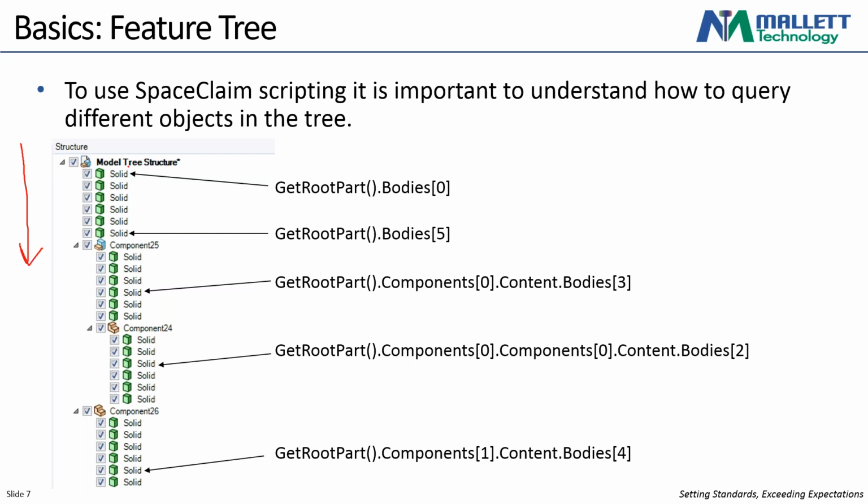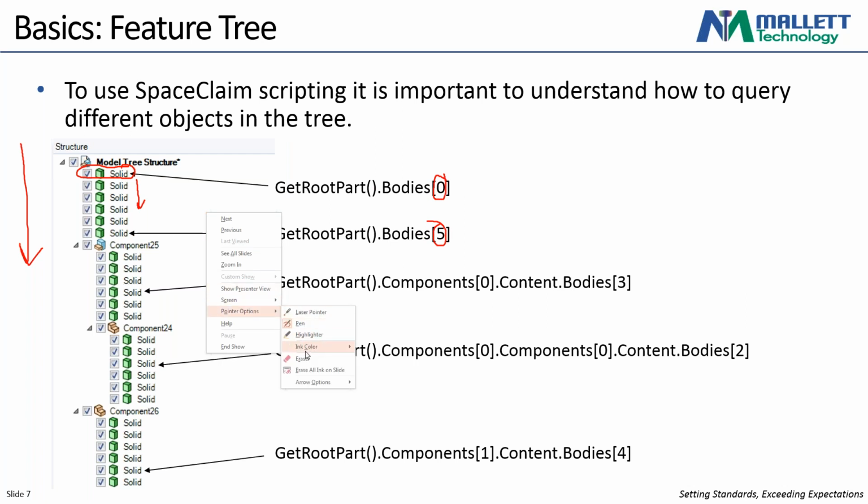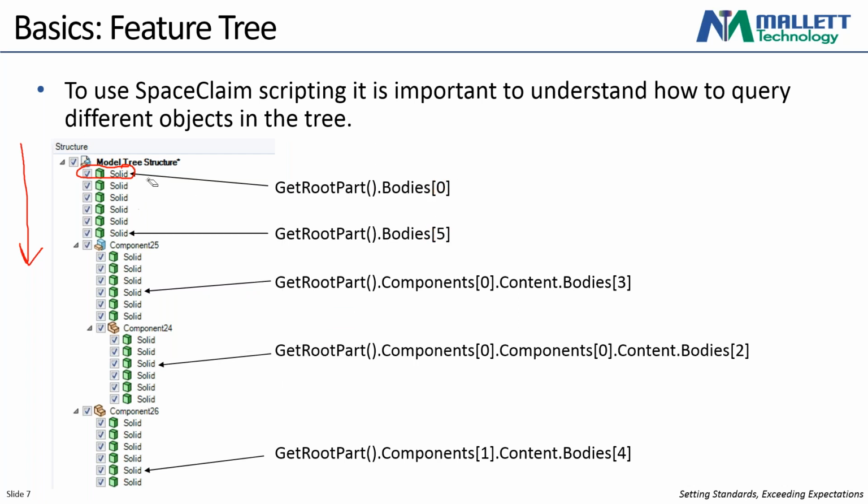All bodies are indexed from 0. So your first body is always going to be index 0, and then it proceeds increasing by 1 for each next body. So you can see here I have body 0 for the first body, and body 5 for the sixth body, since I started indexing from 0. So that's how indexing works.